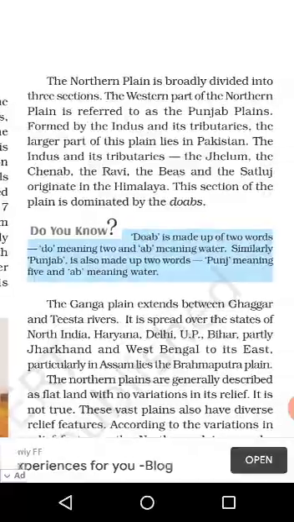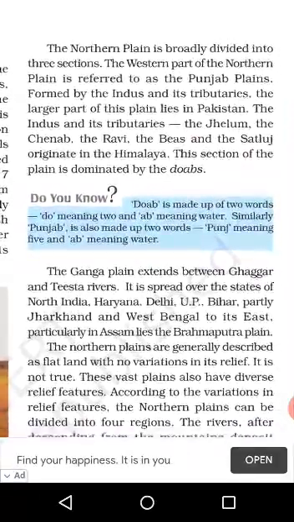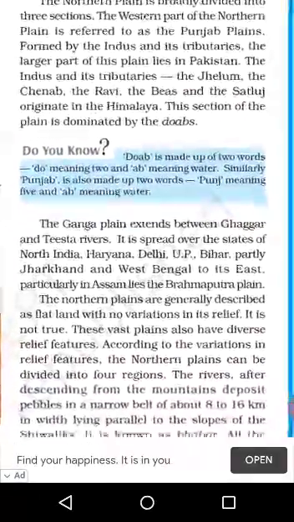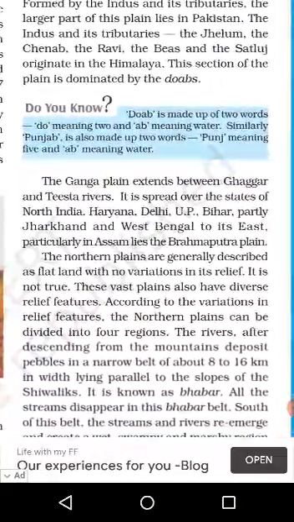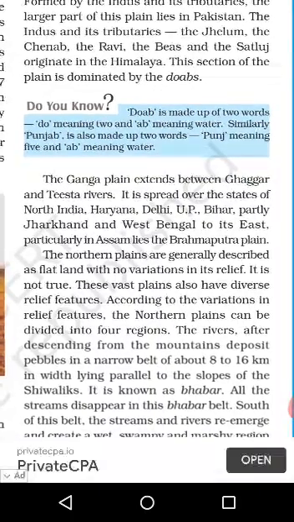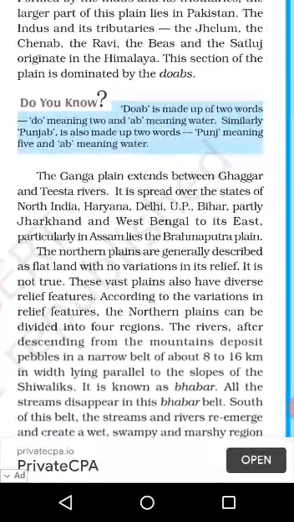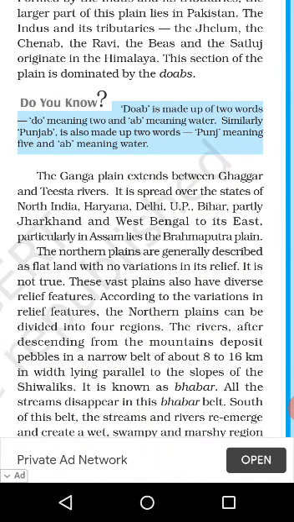This section of the plain is dominated by the Doabs. What is Doab? Doab is made up of two words, Do meaning two and Ab meaning water. Similarly, Punjab is also made up of two words, Panj meaning five and Ab meaning water.